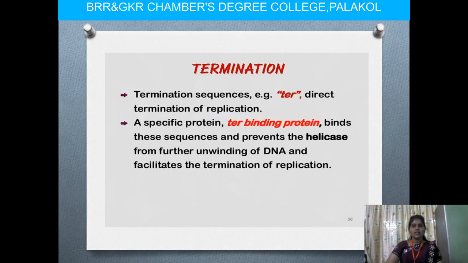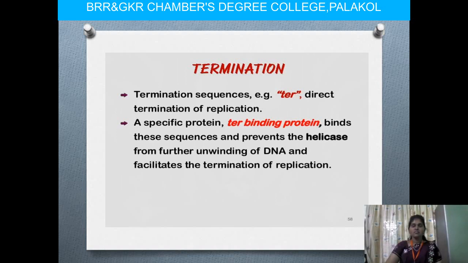From one DNA strand, we get two daughter strands. That is the elongation process, and the elongation process is completed. The next one is termination. Here the termination sequence is ter. Here termination of replication will be started.